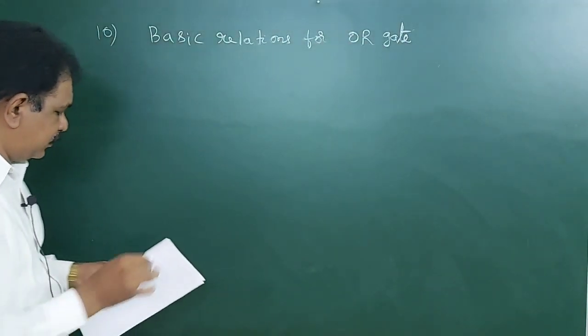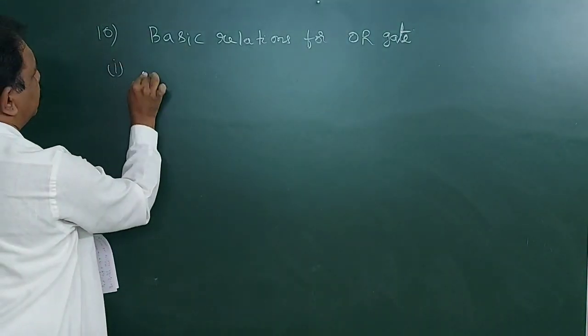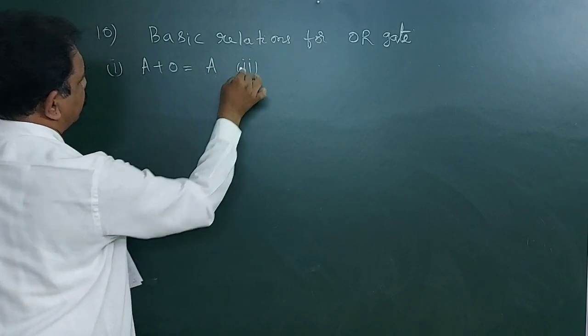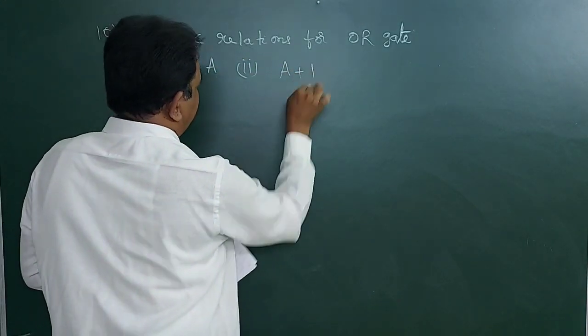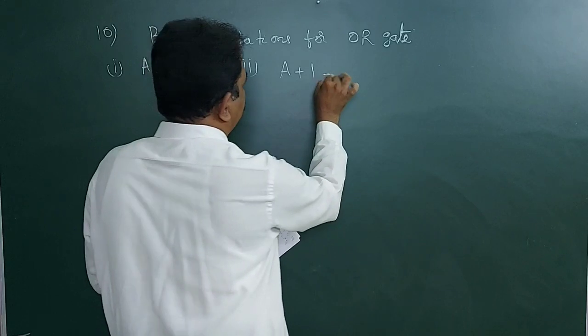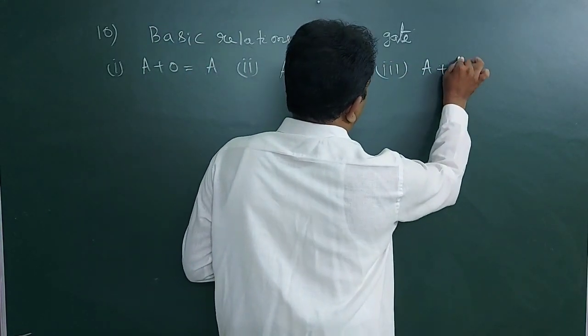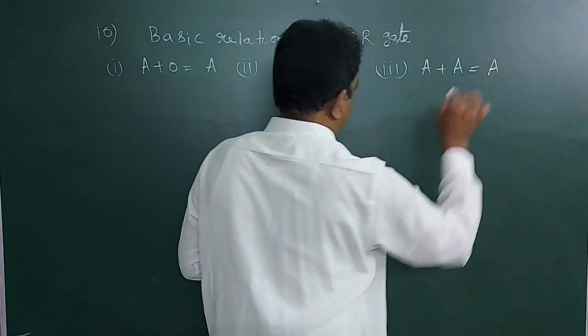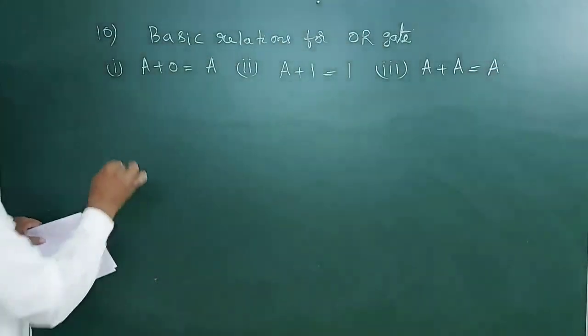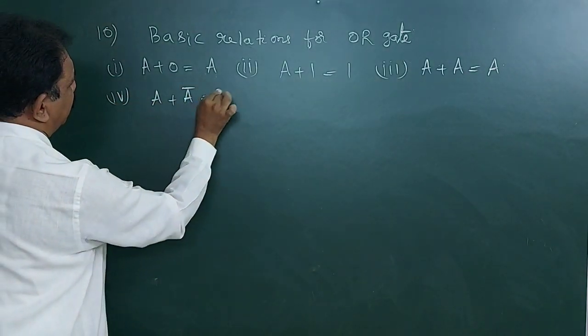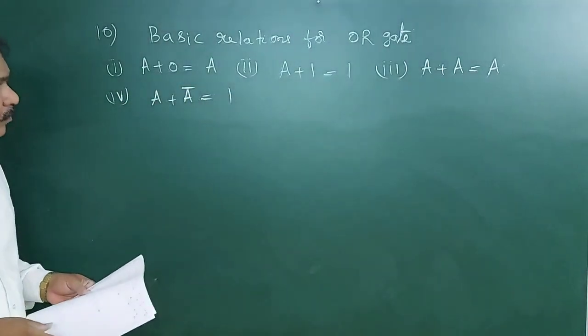What are the relations? First one, A plus 0 is equal to A. A plus 1 is equal to 1. A plus A is equal to A. A plus A bar is equal to 1.